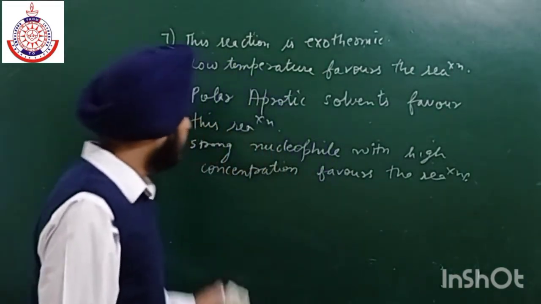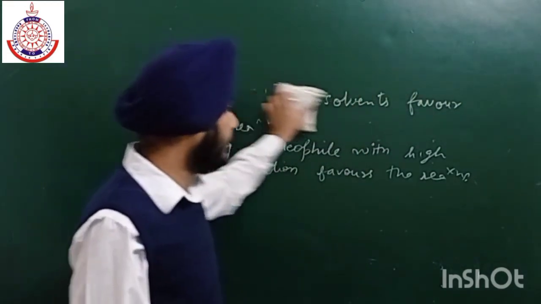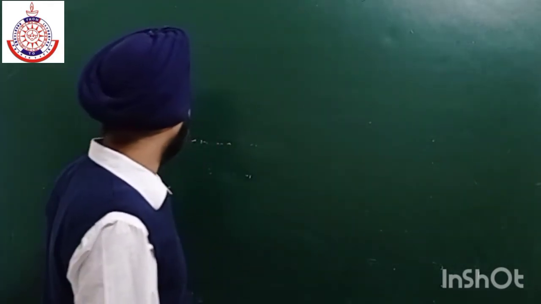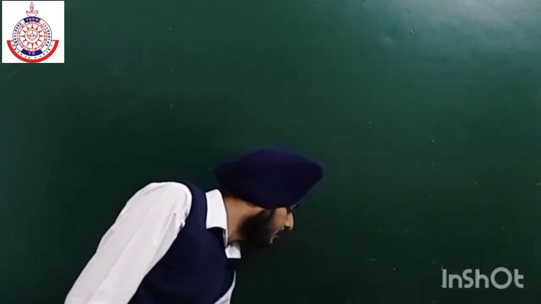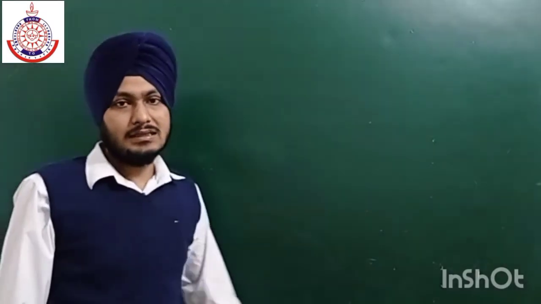Okay, so if we want a back attack, steric factor नहीं होना चाहिए. One more point I want to add, that is the 11th point, which is very very important, that is the steric factor. Steric factors पे कैसे depend करेगी? As we all know that backside attack takes place, so if there is a steric hindrance, then attack is not possible.